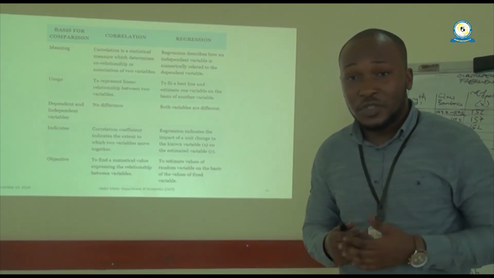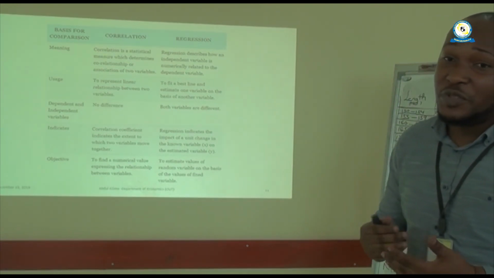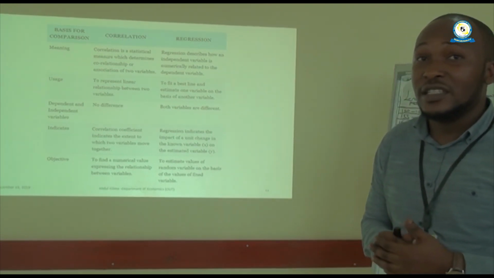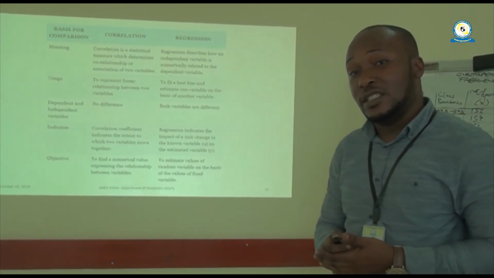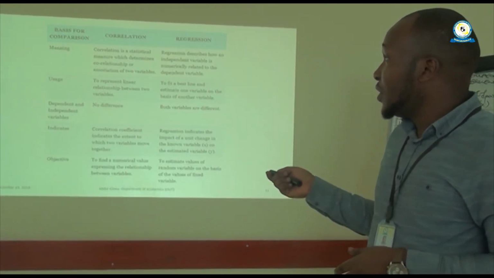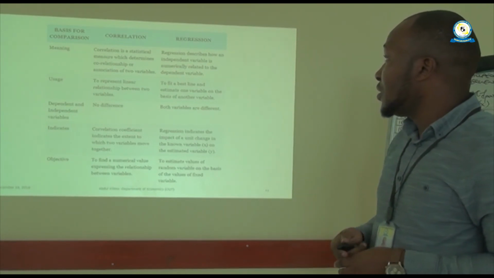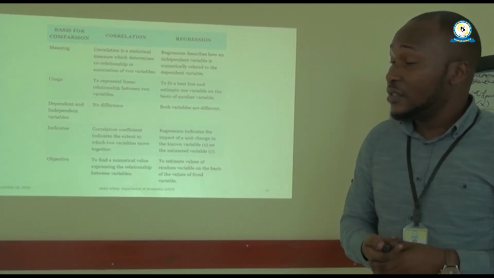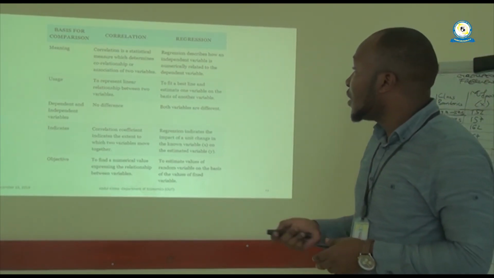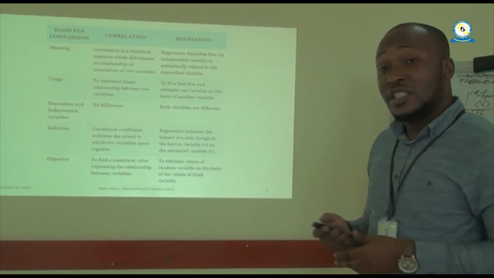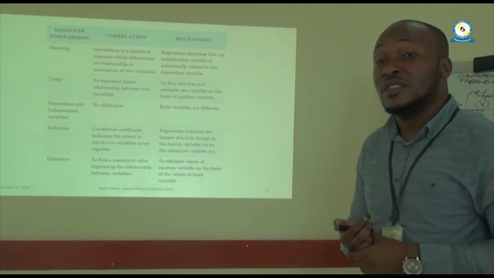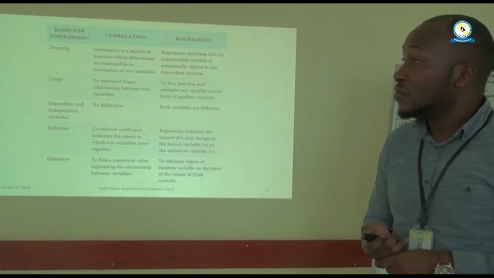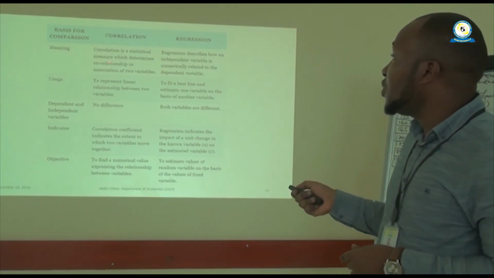Okay, so most of the time people confuse regression and correlation. They think that regression and correlation are the same. But here we can do a comparison. First, their meaning is not the same. Correlation determines the relationship, the association, between two variables.